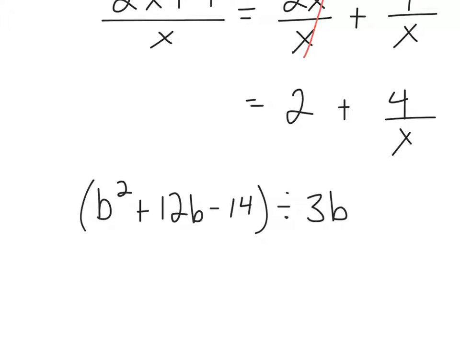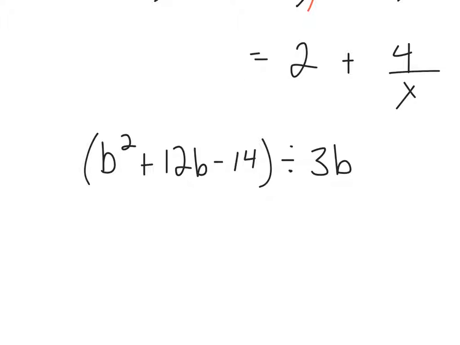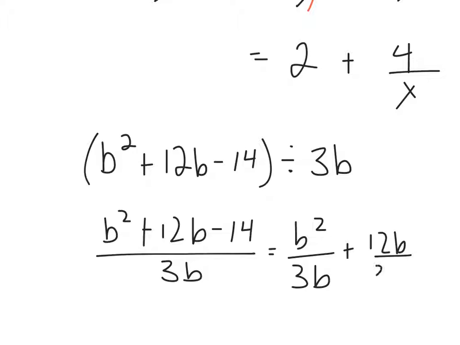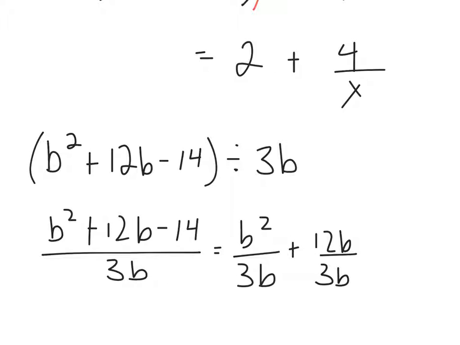Which means that I will end up with b squared plus 12b minus 14 all over 3b. That's what that means. We can then separate that, right, into b squared over 3b plus 12b over 3b. And? Minus 14 over 3b. Correct. Minus 14 over 3b.